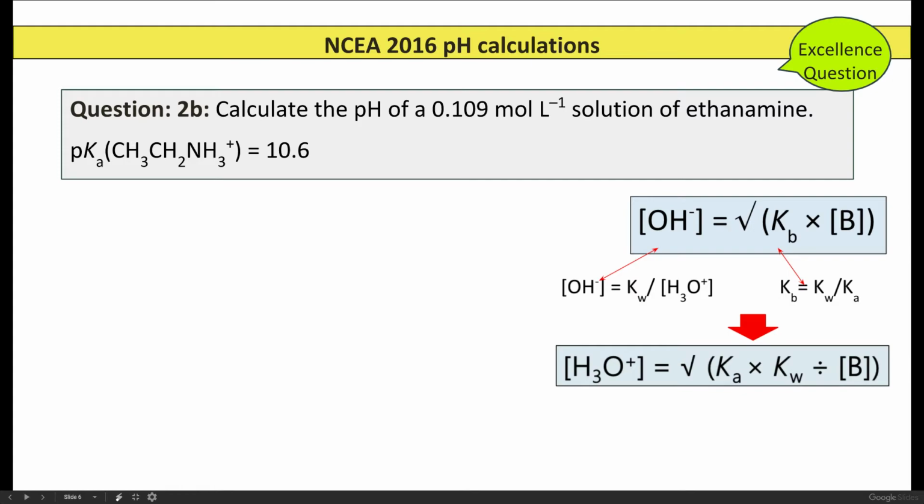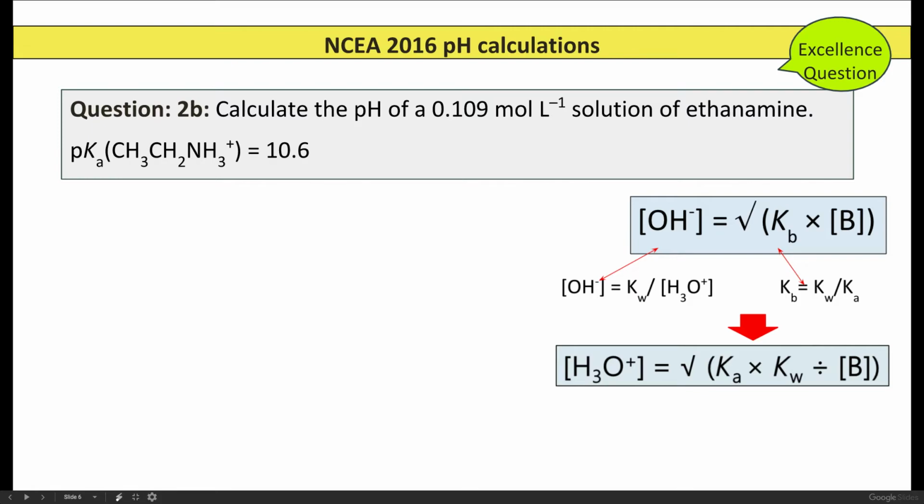And they've given us the pKa because it's a bit of a pain. We eventually need to convert pKa to Kb. So how would I do that? Help me walk through the steps of converting a pKa of 10.6 to a Kb. What do I need to do first? You have to convert it to Ka, is that it? Convert it to Ka. So let's convert it to that.